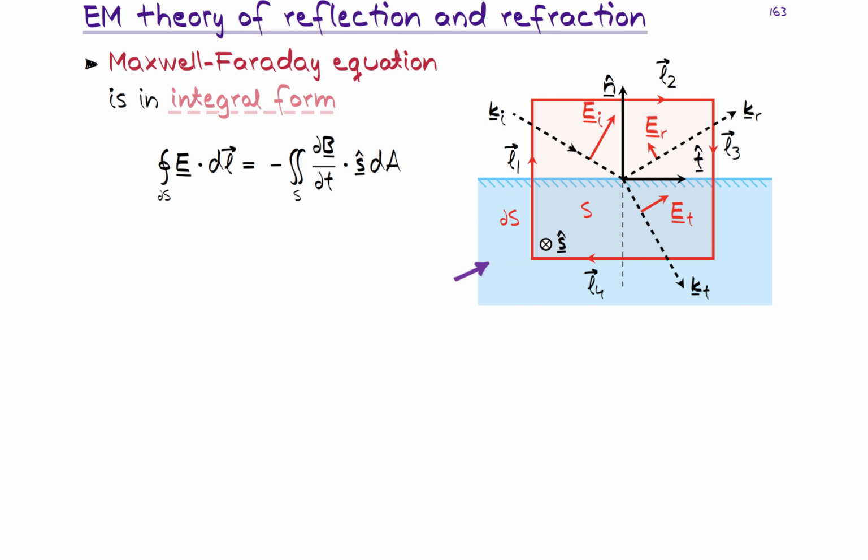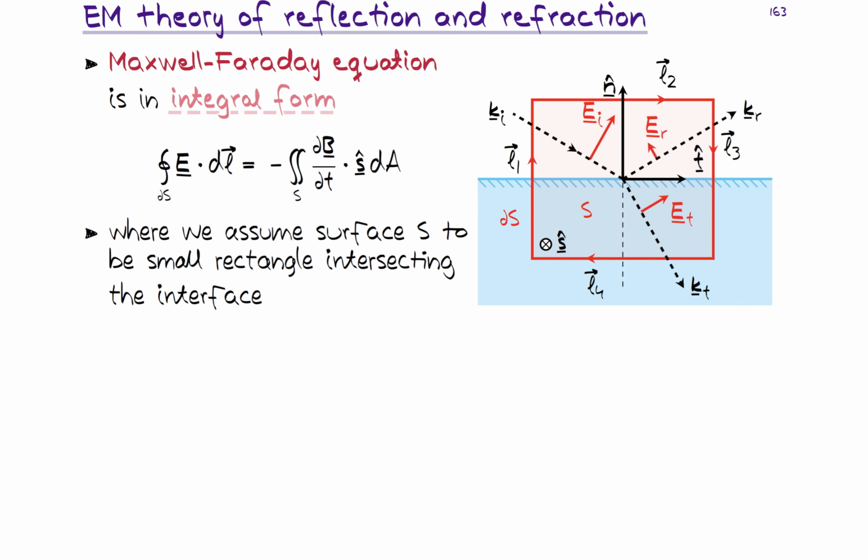So essentially S is our area enclosed inside this enclosing line defined with ∂S, and here we are looking at the Maxwell-Faraday equation in this area in the plane of incidence. So essentially the Maxwell-Faraday equation applied in integral form, and we apply the Kelvin-Stokes theorem because we had the curl of E, so we changed that to be the line integral.